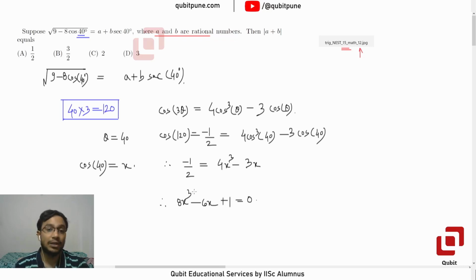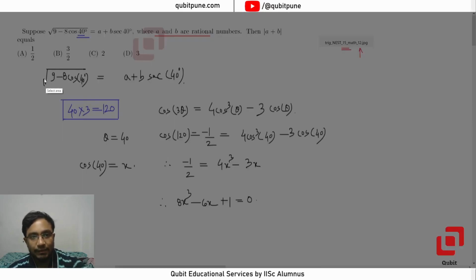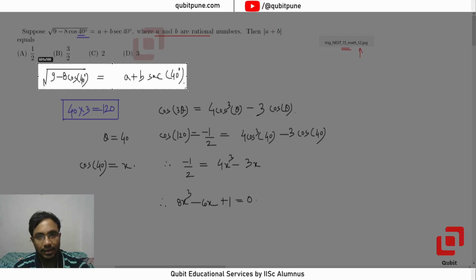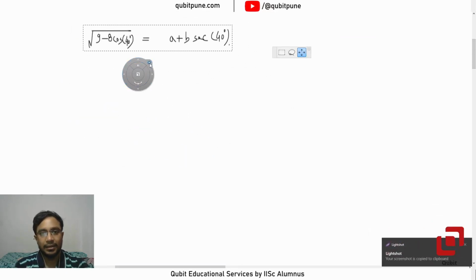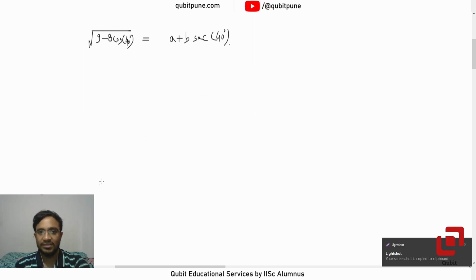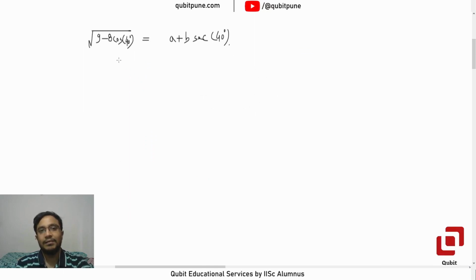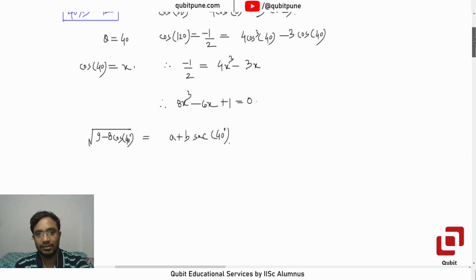We now have this cubic equation, and one of its roots will be cos 40. Now let us go to the equation that they have given, that I wrote here at the beginning. I'm going to do two things here. Firstly, I will substitute cos 40 as x, which I did here.